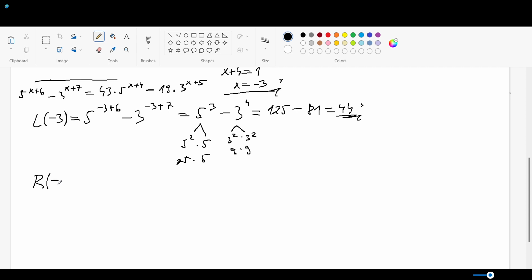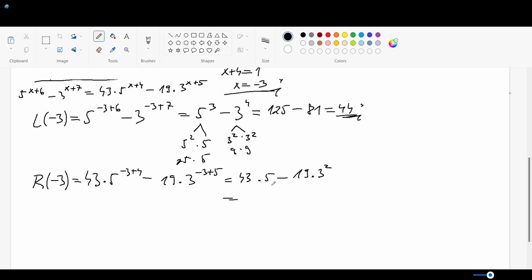Now let's do the check for the right side for x being -3, which is 43 times 5 to the power of -3 plus 4, minus 19 times 3 to the power of -3 plus 5. As you can see, these are going to be really simple numbers, because it's 43 times 5, take away 19 times 3 squared.